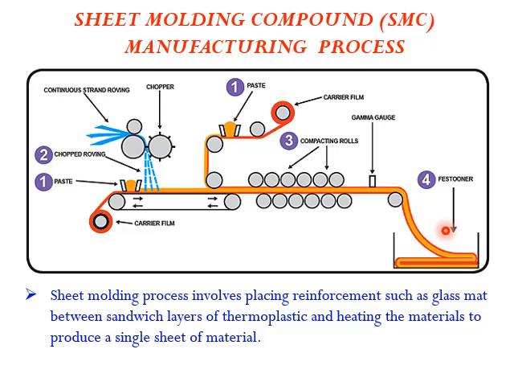You can say a sheet molding process involves placing a reinforcement such as a glass mat between a sandwich layer of a thermoplastic and heating the material to produce a single sheet of material. Generally SMC, that is sheet molding compound, is used for producing electrical components or fittings, which are electrical insulators, electrical switches, sockets, panels, caps, body panels, or hoods for automobiles. All those things are produced by this process.